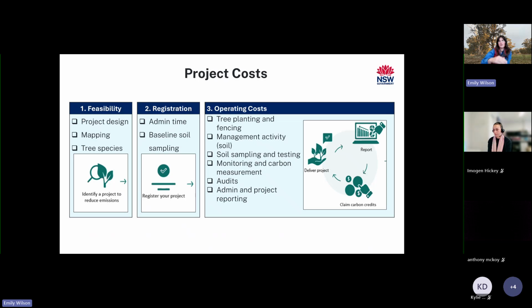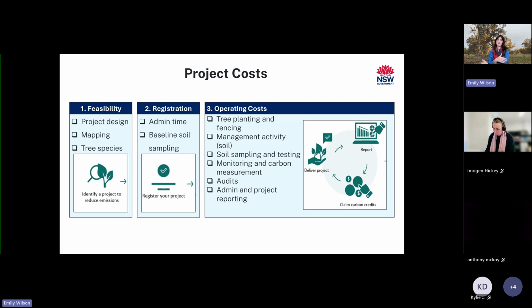And so these activities or costs are all things that require time or technical expertise. As I mentioned, the cost can change depending on the size of the project, but there is a level of fixed costs involved. So you need to make sure that the project has the ability to cover these costs through the sale of credits or however else you're going to commercialise the credits.